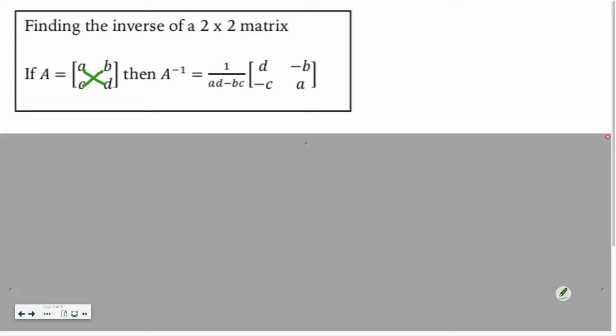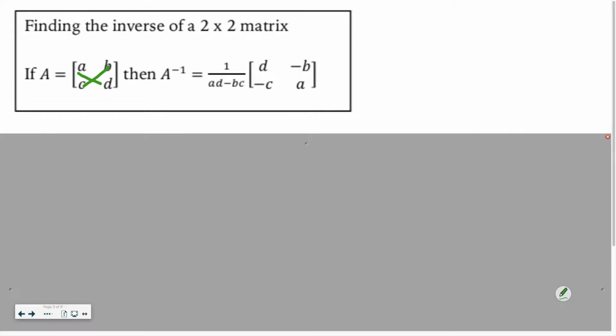As lame as this sounds, I like to remember this as criss minus cross. We make a crisscross pairing up our entries, and we subtract the products. So we have 1 over criss minus cross. It's lame, but that's how I remember it. If it works for you, use it. If you want to use something else, you go for it.